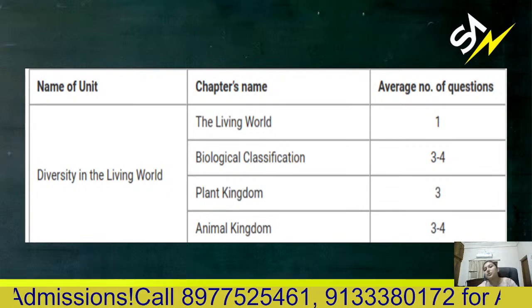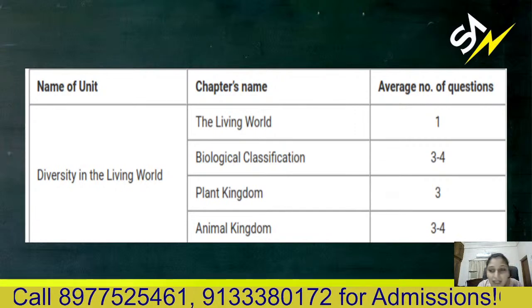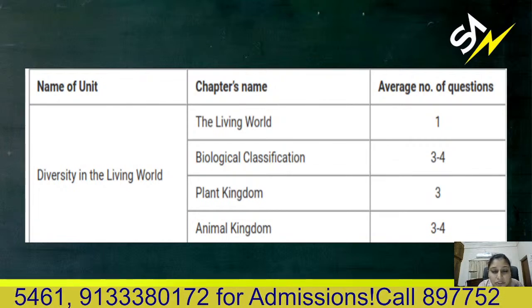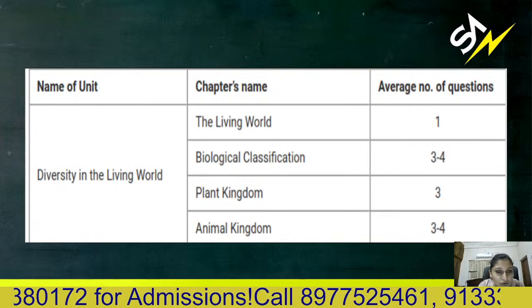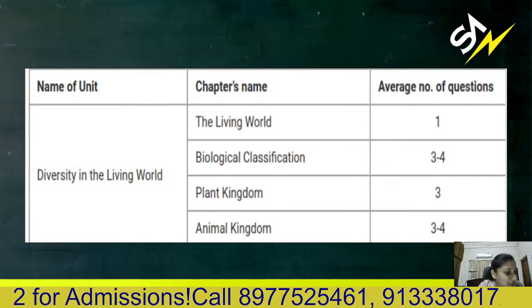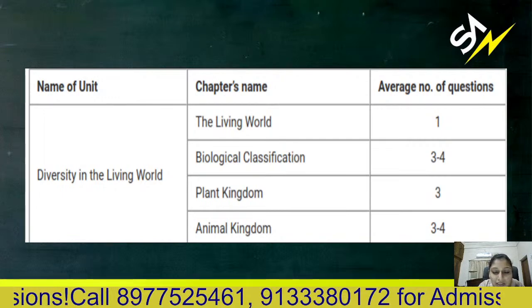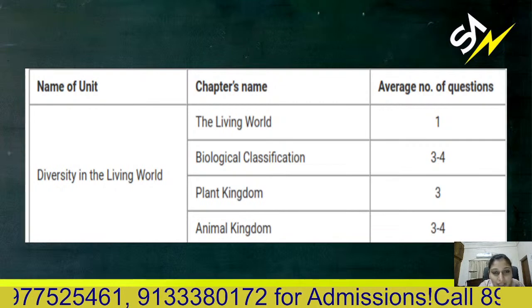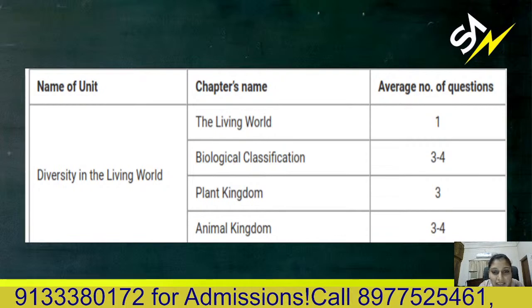Normally 3 to 4 questions are asked from this chapter, so 4 multiplied by 4, around 12 to 16 marks you will get from this chapter. So stay tuned with me for this 1 hour and next week also. We'll be completing the complete concept-wise discussion of biological classification.